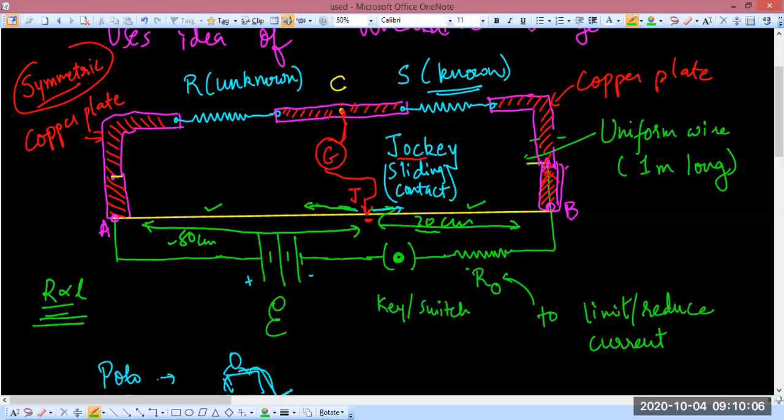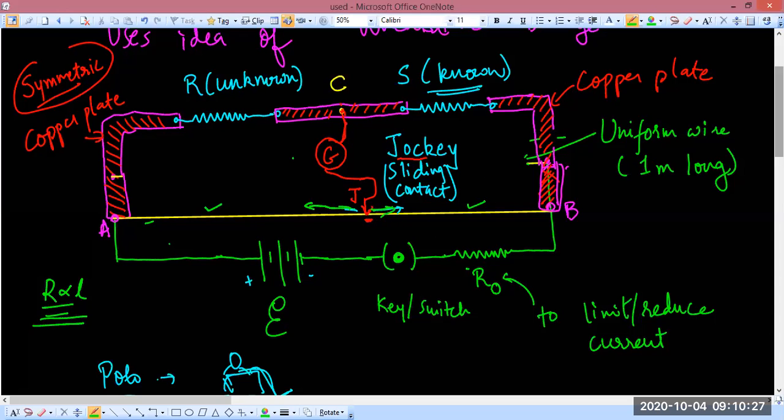We will keep sliding this until the galvanometer shows zero current. So that's what we are basically doing. Let's write it now.